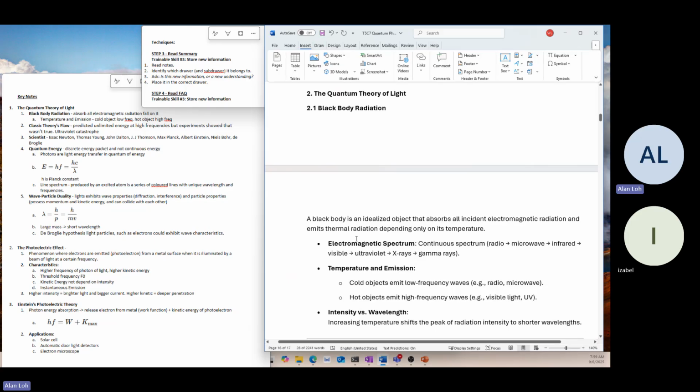Read it out loud from the black body until the wavelengths. Let's do that. A black body is an idealized object that absorbs all incident electromagnetic radiation.